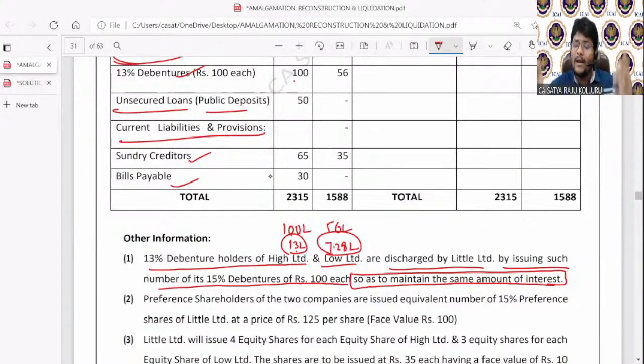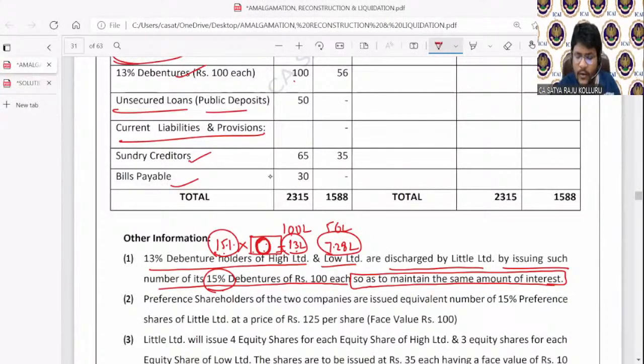After amalgamation also, they require the same amount of interest. But after amalgamation, the new debentures are 15% debentures. The face value of the debentures to be issued multiplied by 15% should be equal to 13 lakhs.